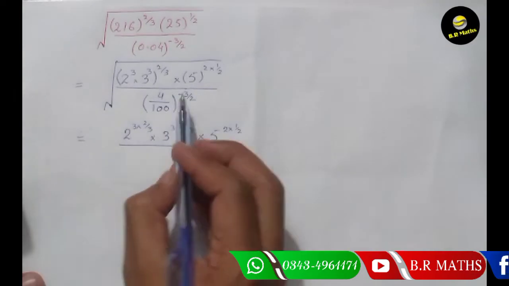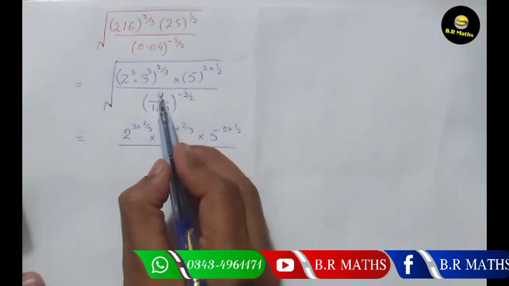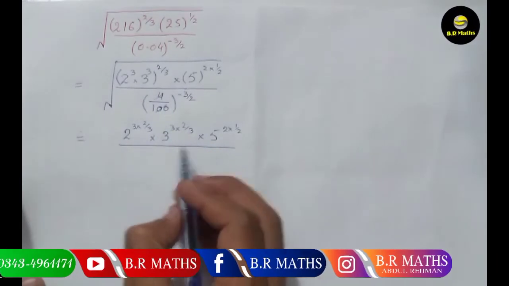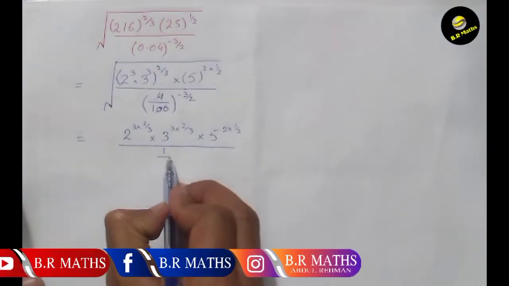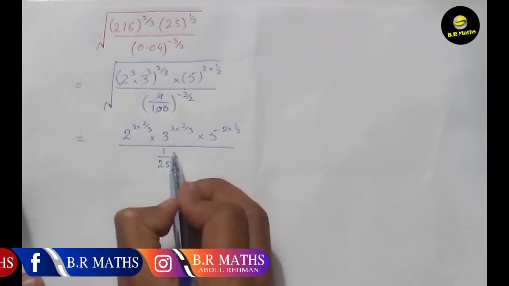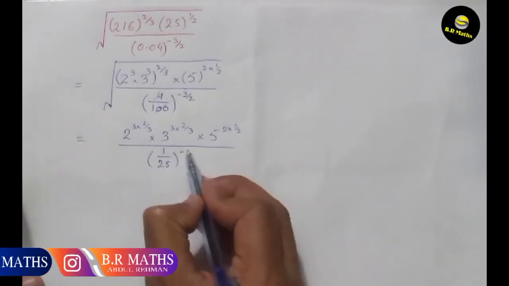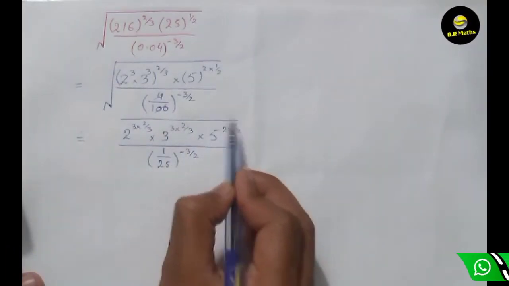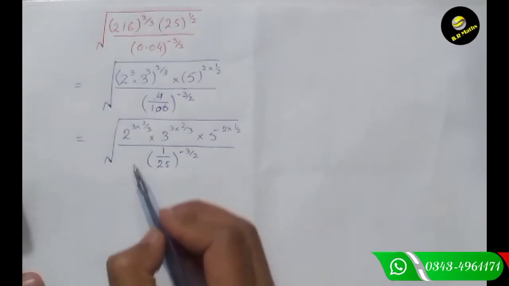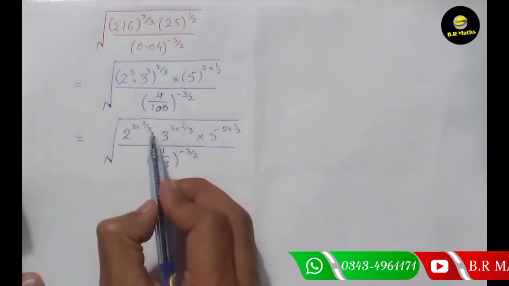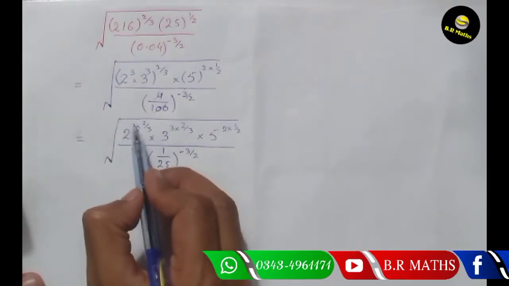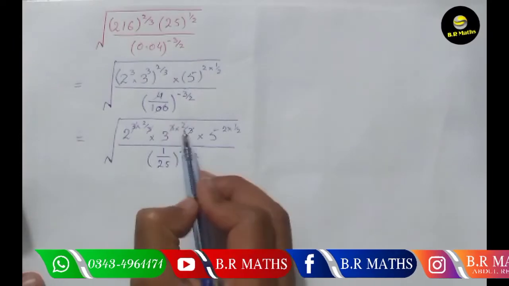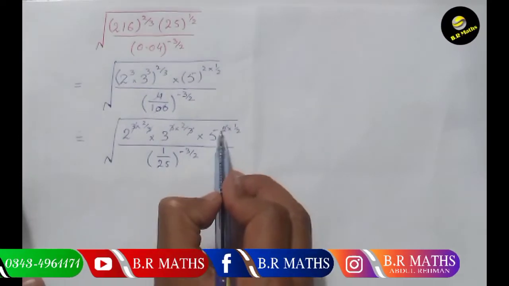In the denominator, see 4 over 100: 4 and 100 cancel with each other, it becomes 1 over 25 raised to power minus 3 by 2, and the whole square root. See, 3 and 3 cancel with each other, and 2 cancels with this 2.